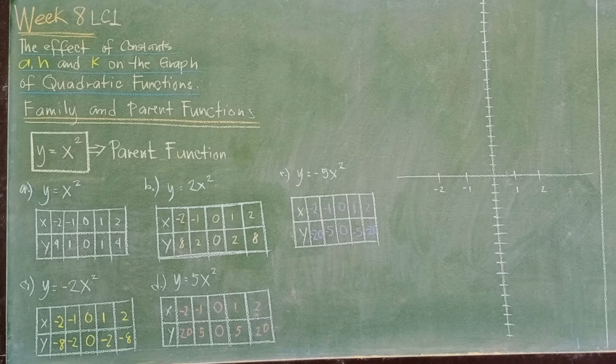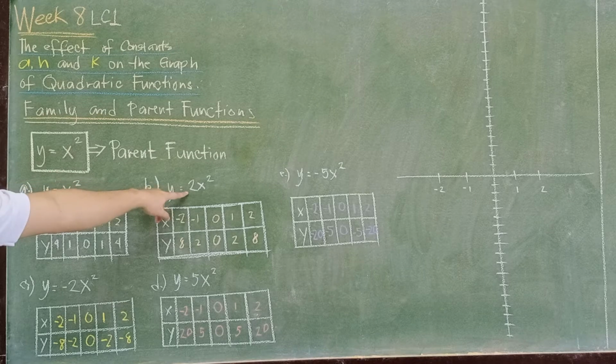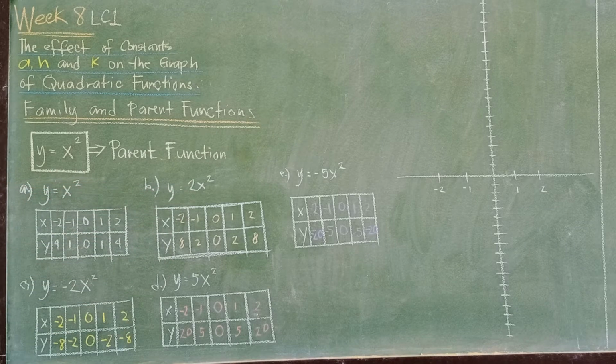Like, for instance, letter b. What if from 1, gagawin natin positive 2? Or pagbababaan natin, from positive 1, gagawin natin negative 2. So, alam naman natin na mas mataas yung mga positive kaysa sa negative numbers. So, meron na tayo na-construct na table, tapos na-solve na din natin ano yung mga values ng y.